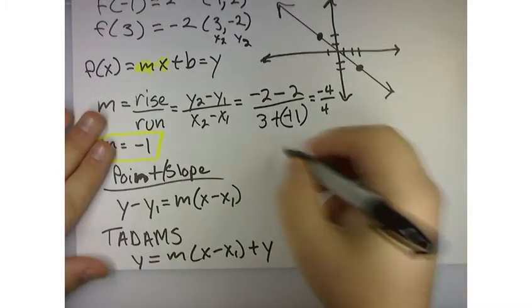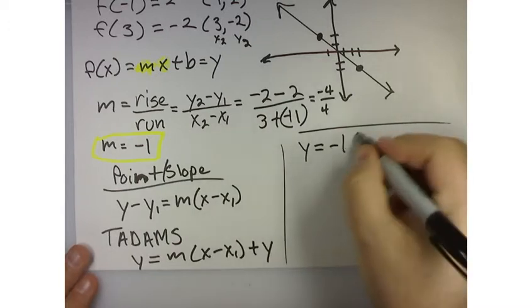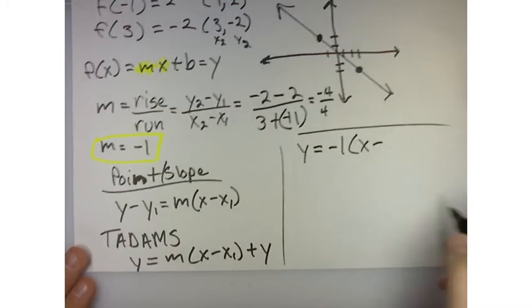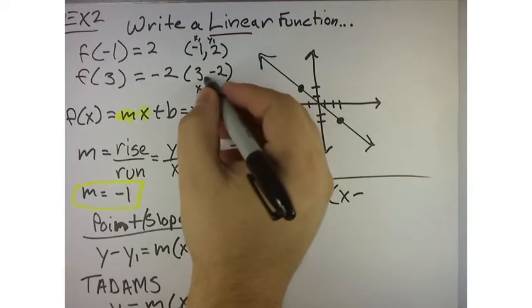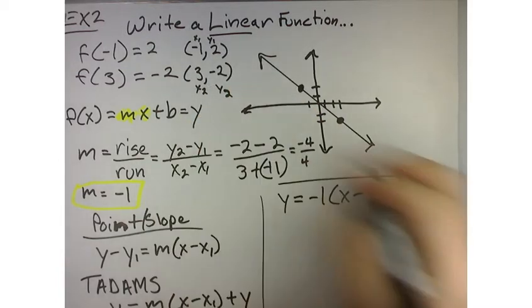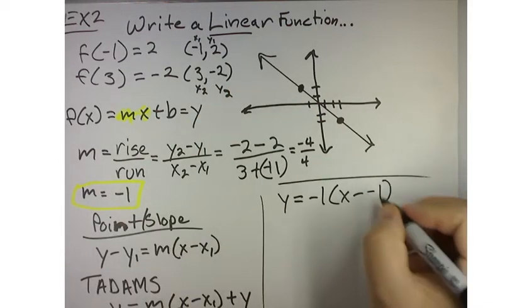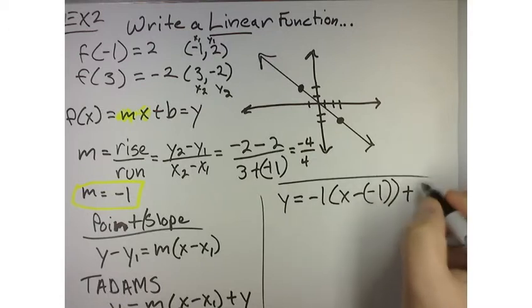So I'm going to say y is equal to negative 1 times x minus, what was x sub 1 again? I forgot. Negative 1. Now what if I accidentally used this point instead? Would it make a difference? No, it wouldn't. In fact, we'll do it both ways just to make sure. So I'm going to minus minus 1, right? Plus y sub 1, which is 2.